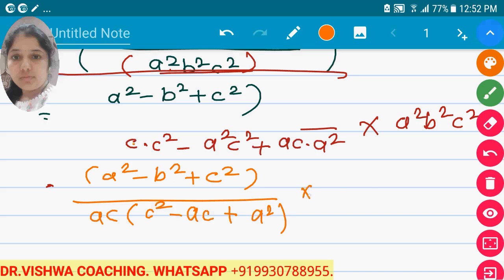Now into multiplication, A square B square C square. Now this one A will get cancelled, this one C will get cancelled.